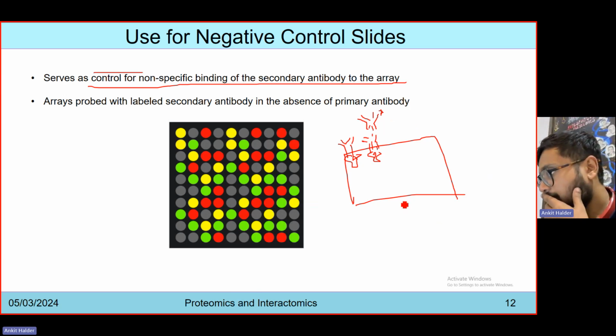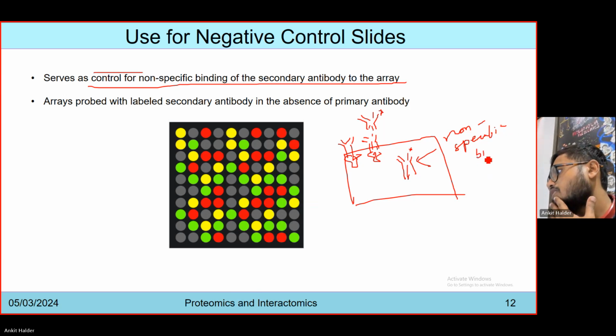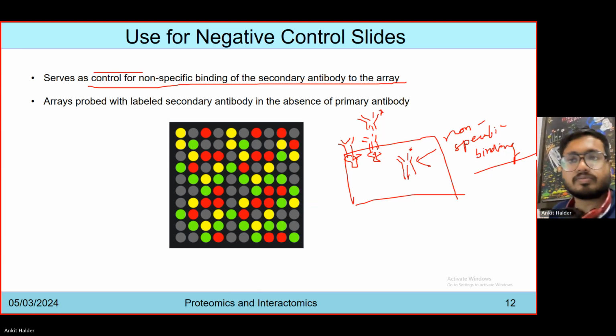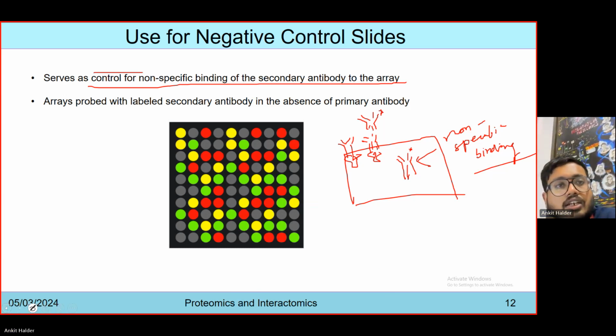Now in this full array there can be secondary antibodies getting bound non-specifically, non-specific binding of those particular secondary antibodies.